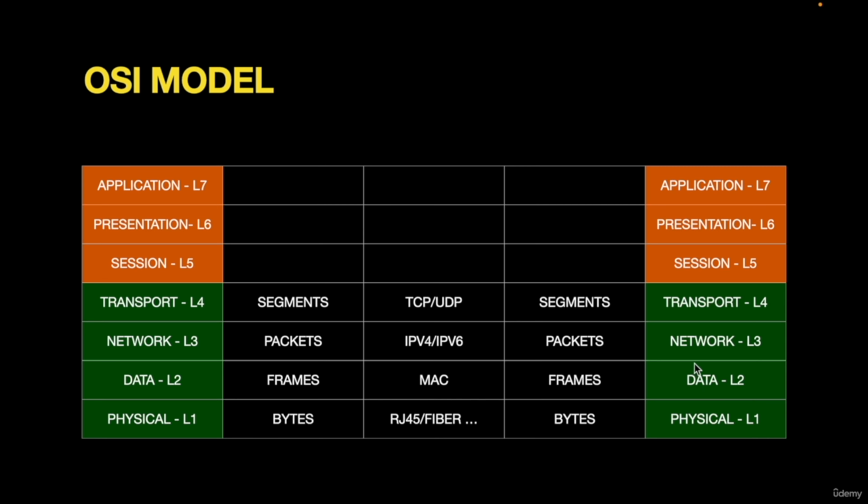After that, the switch will add its data for the source and destination MAC, and the router will take this data, will not remove anything, and will add some additional data in the form of a packet. And if a TCP or UDP protocol is used, it will also add additional data here.